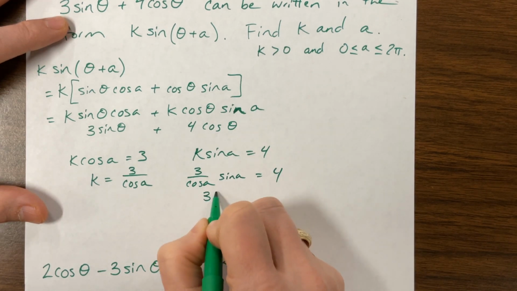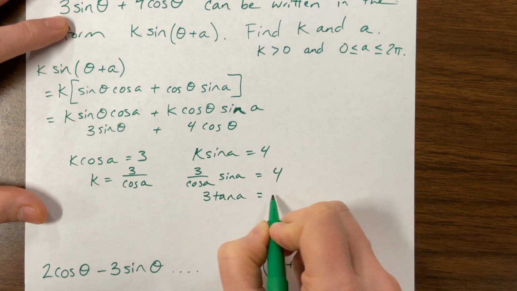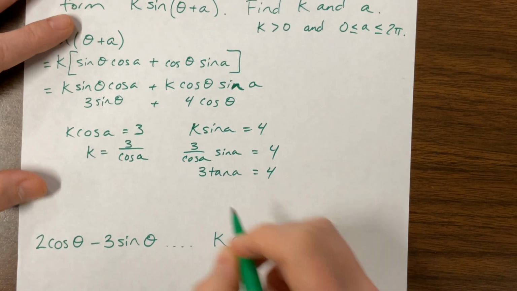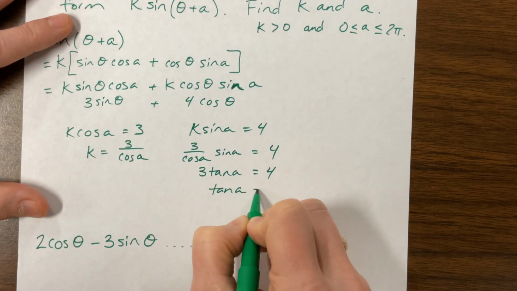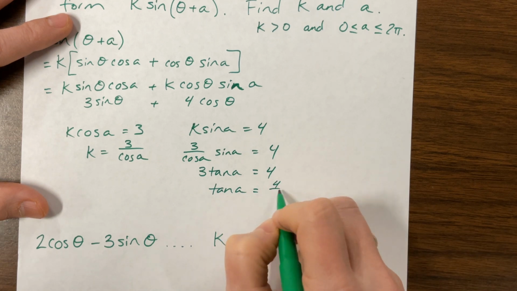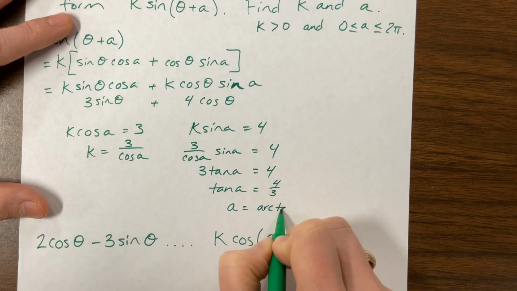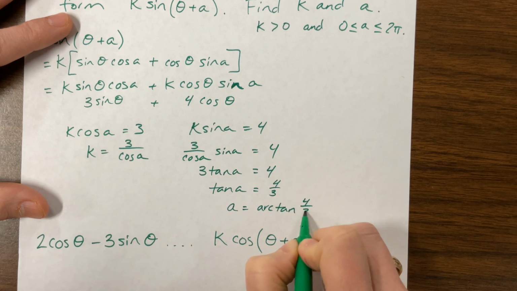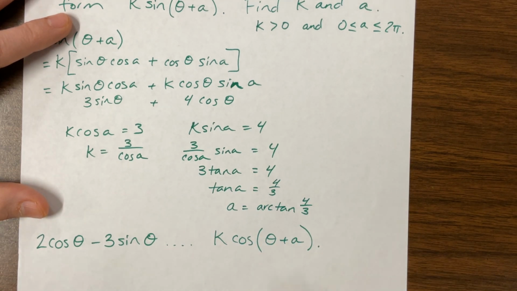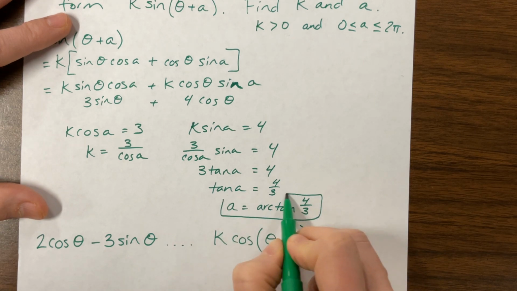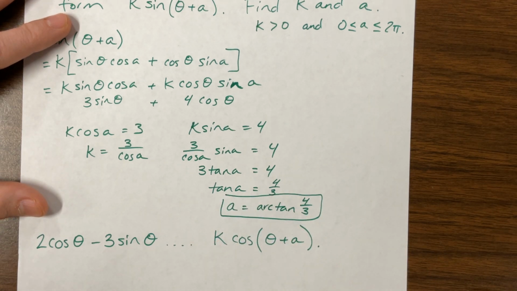Hopefully you know that this is 3 tangent of a is equal to 4. Therefore, tangent of a will be equal to 4/3. Therefore, a will be equal to arctan of 4/3. Here's our a value, and it's between 0 and pi over 2 because the values are positive.